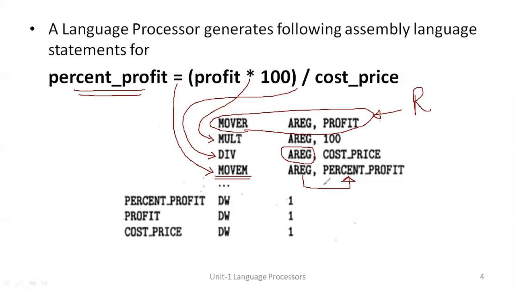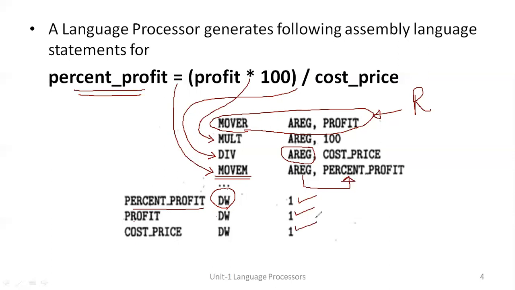Now, this is not the end of the assembly language program. We have some more statements also. So after these three statements, we have declared the data type of percent profit. DW stands for declare word. Profit, same data type. Cost price, same data type. The length of each data type is 1.